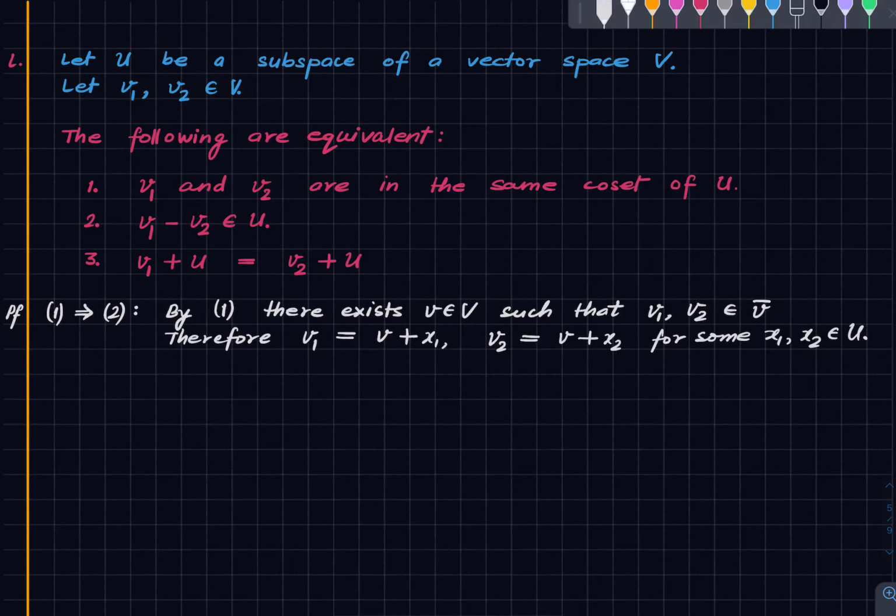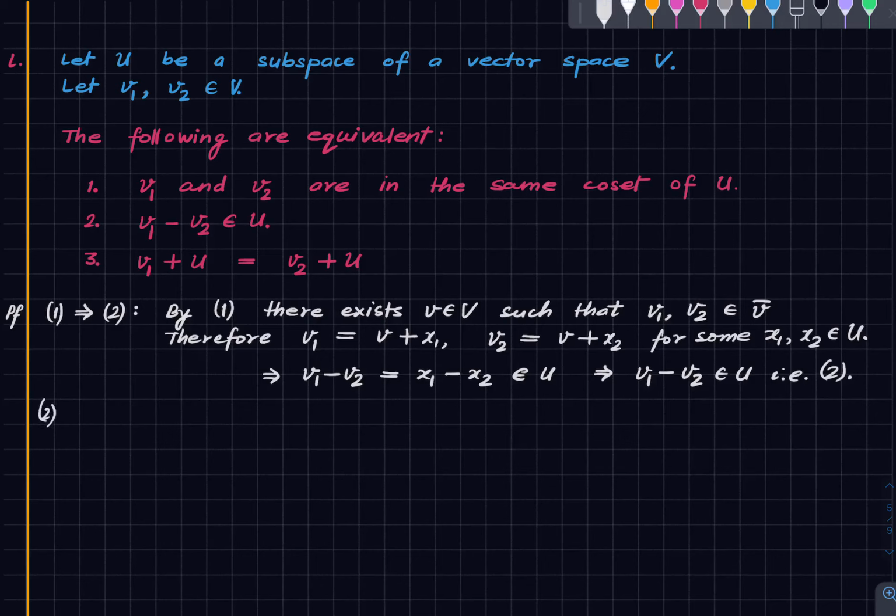Alright, so now take the difference. So this implies v1 minus v2 is equal to x1 minus x2. Just take the difference of these two equations. So we see that this thing is of course in U because x1 and x2 are in U. So this implies the difference of v1 and v2 is in U, and that is 2. So 1 implies 2 has been proven.